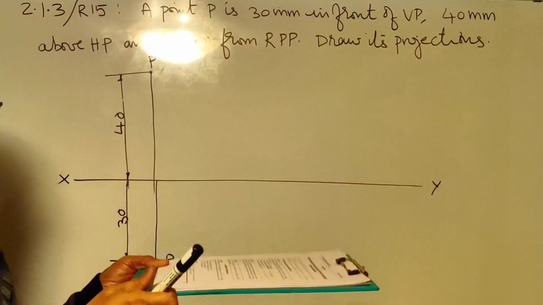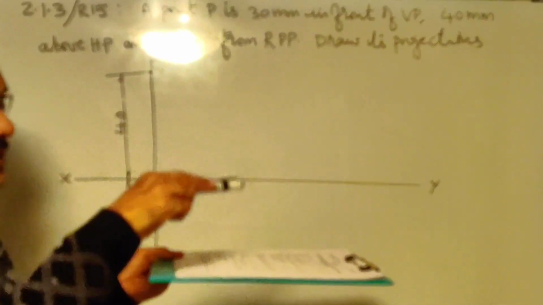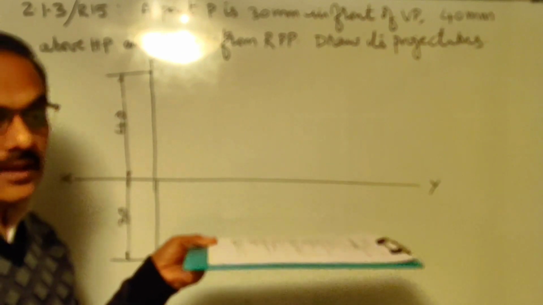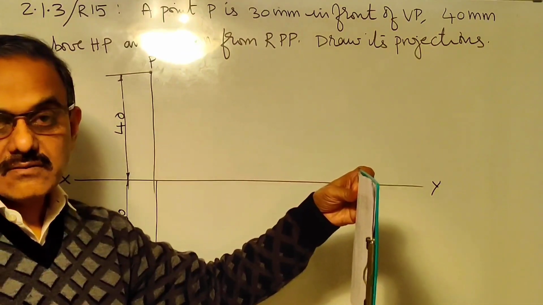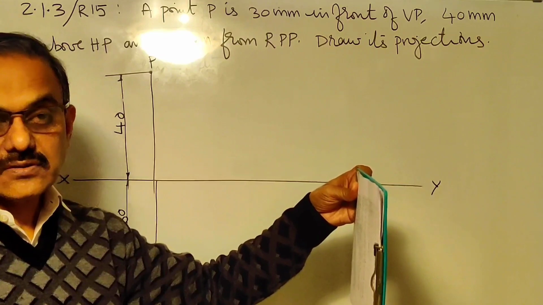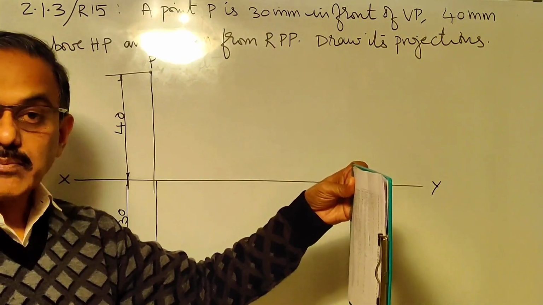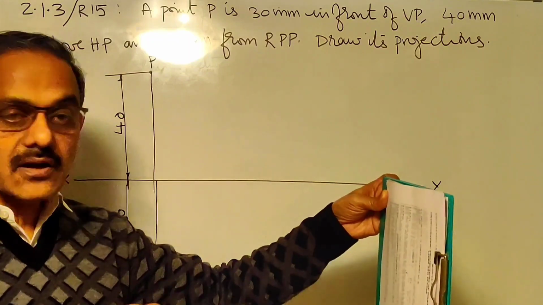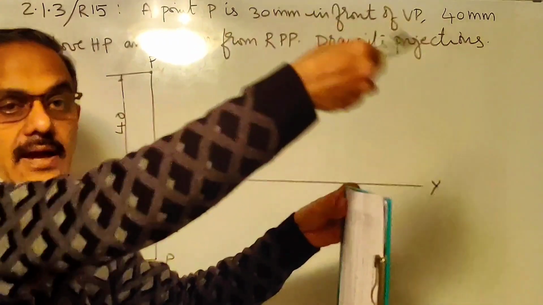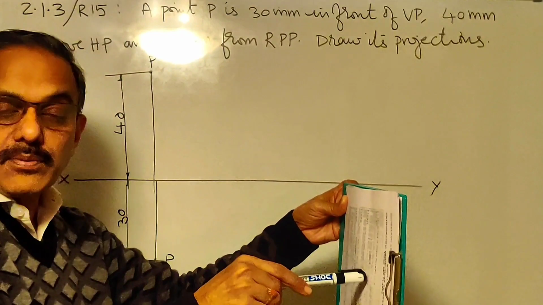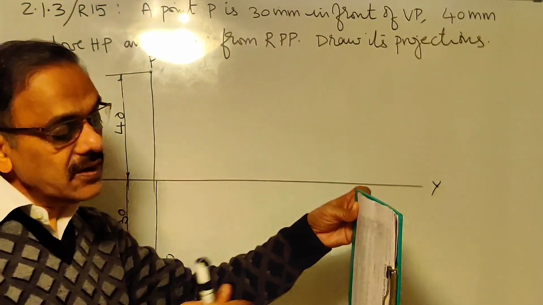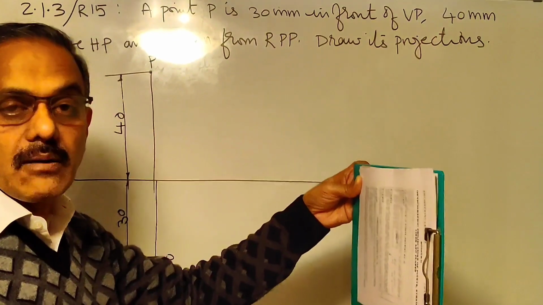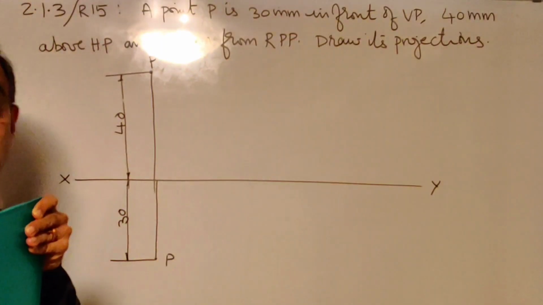Similarly, when it is HP, you use the terms above HP, below HP and on HP. Then when it is a profile plane like this, what terms can you use? It is also similar to vertical plane. So with reference to profile plane also, you can use the terms in front of the profile plane, behind the profile plane and on the profile plane. If it is on the right side, we call it right profile plane. If it is on the left side, you call it left profile plane.